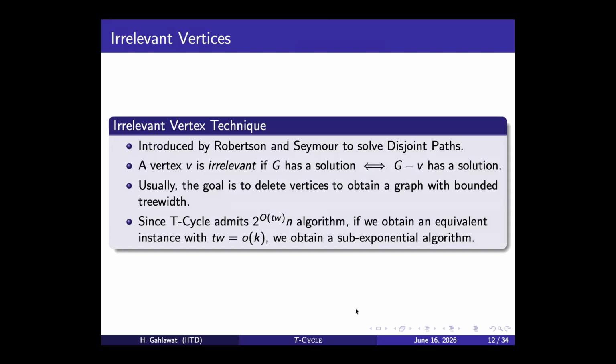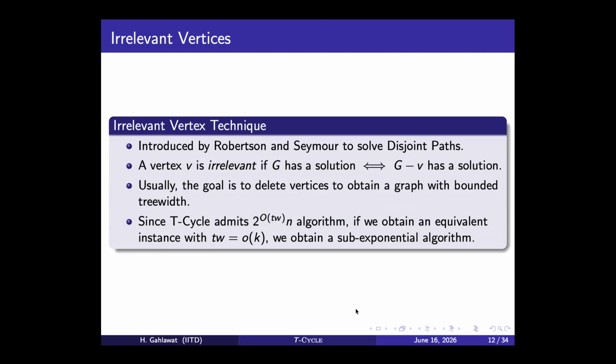Usually the goal is to delete the vertices so that finally you reach a graph which has bounded tree width. This was done for disjoint paths. But for disjoint paths, you can only get to a graph where the tree width is bounded by 2 to the power k, and that will give a 2 to the power k algorithm. What we want is for this to be very small, square root of k. And here remains the challenge.